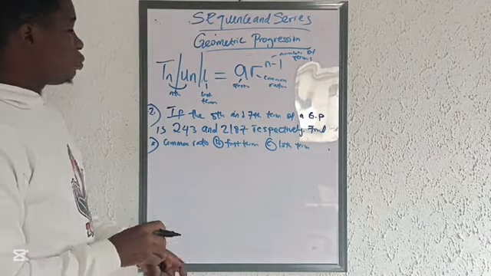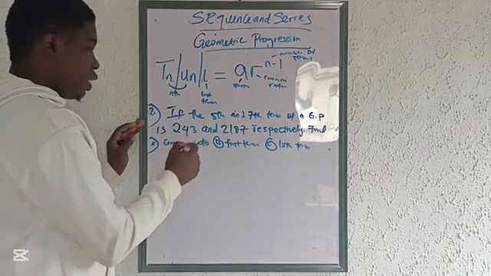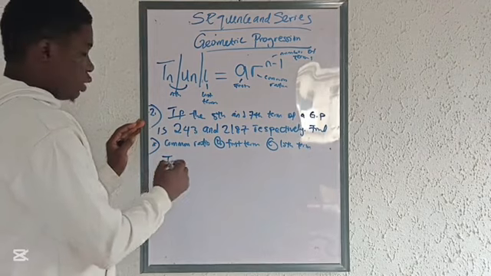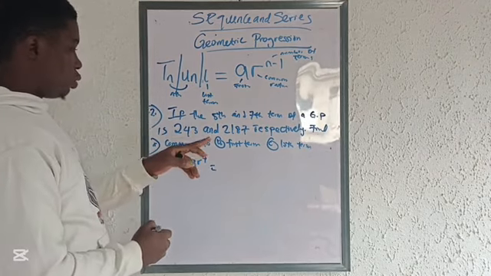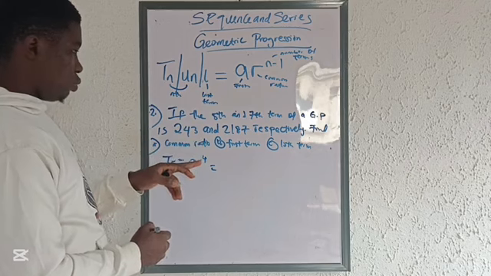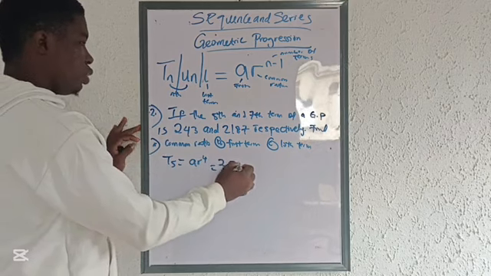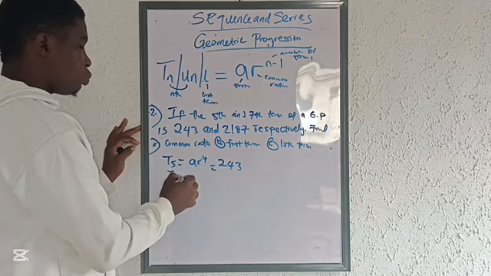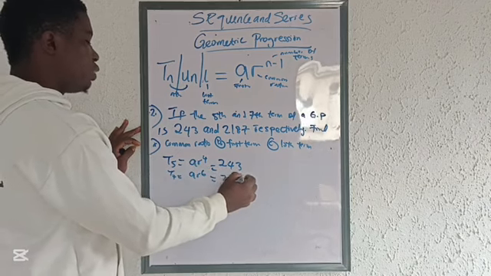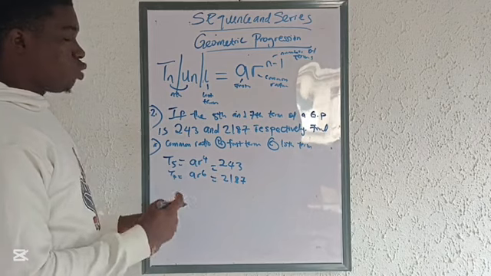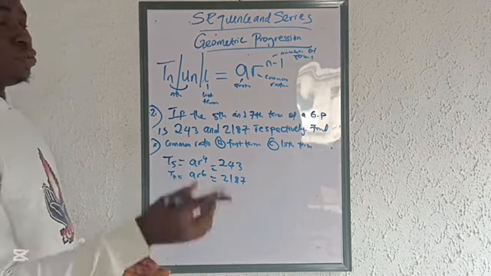Now the fifth term of a geometric progression is t5, right? T5 is ar raised to power 4, and they gave us 243. Then the seventh term, ar raised to power 6, is 2187. Find the common ratio. Now I can solve it like this, but not to confuse, I have to rearrange it.